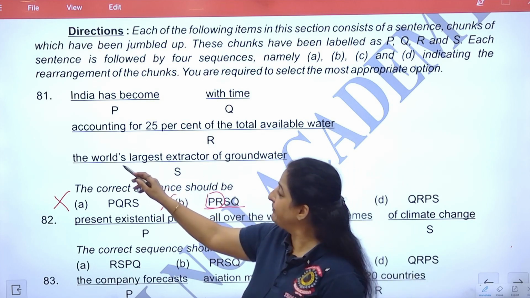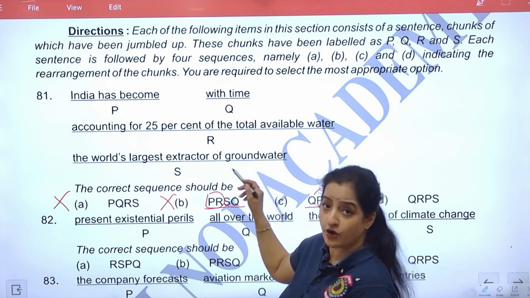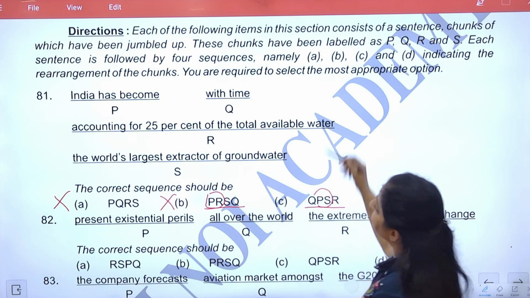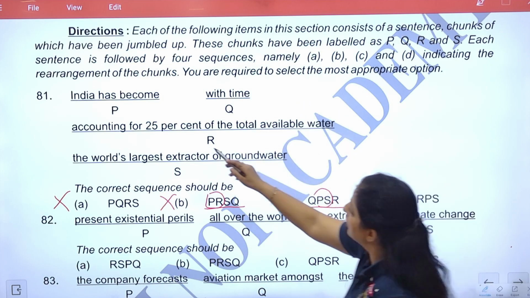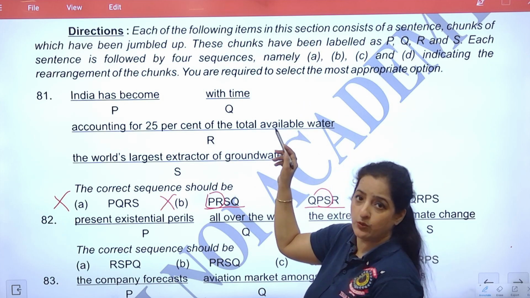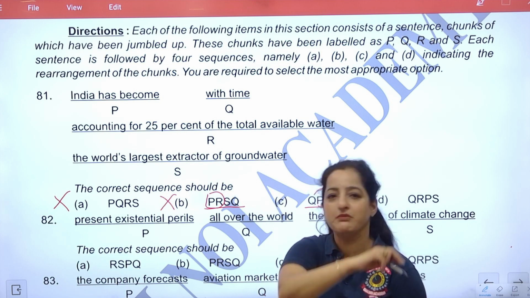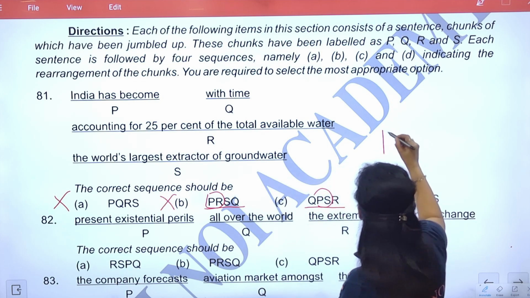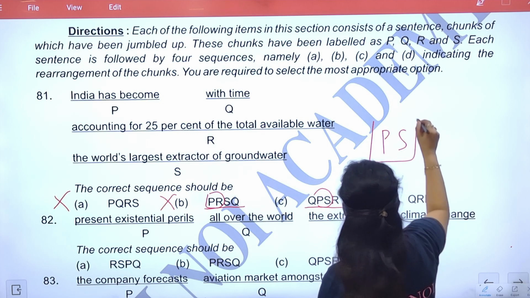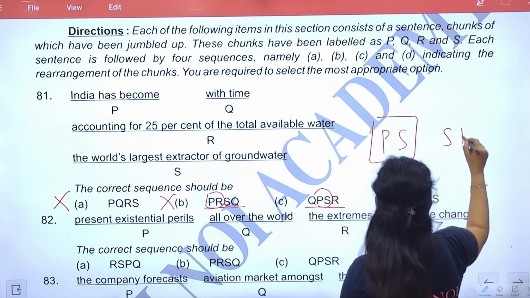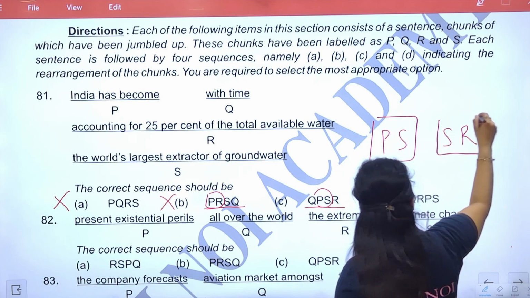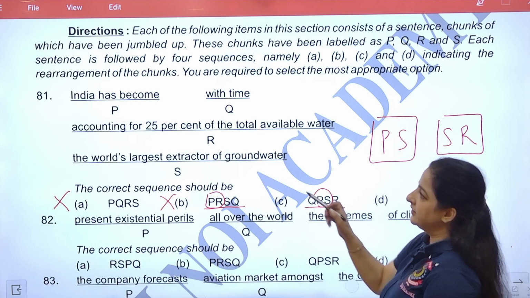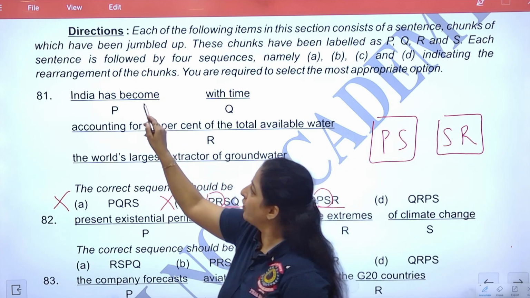India has become the world's largest extractor of groundwater and accounting for 25% of the total available water. So there are 2 mandatory pairs over here. Did you notice? P and S. Clearly a mandatory pair. And if you think about it, even S and R is a mandatory pair. Because India has become what?